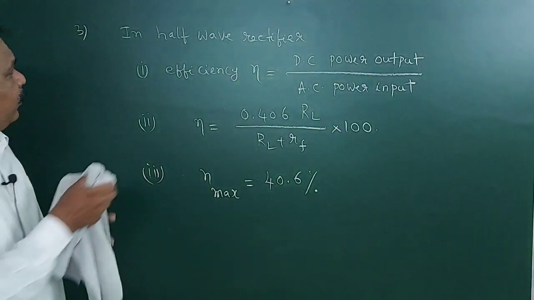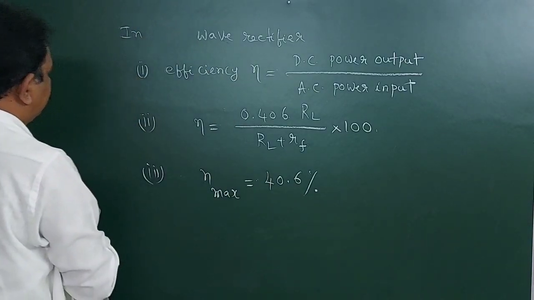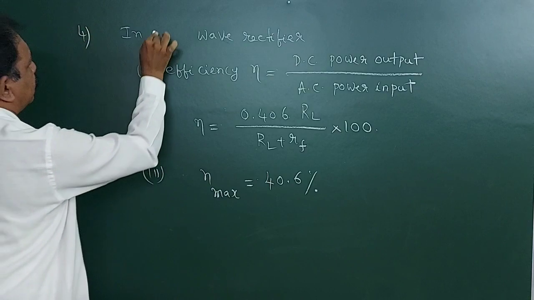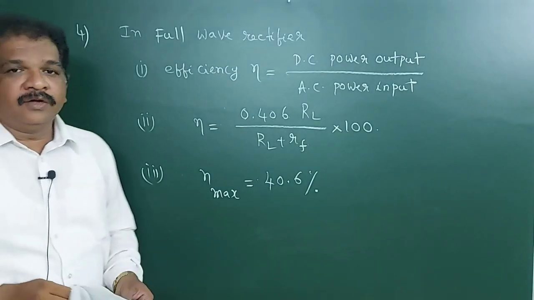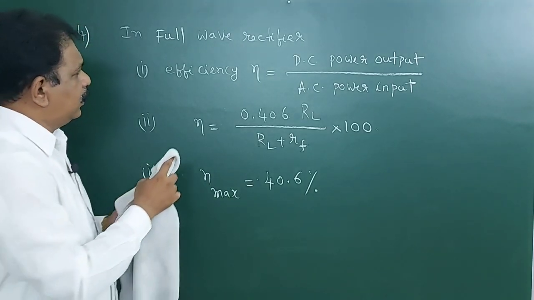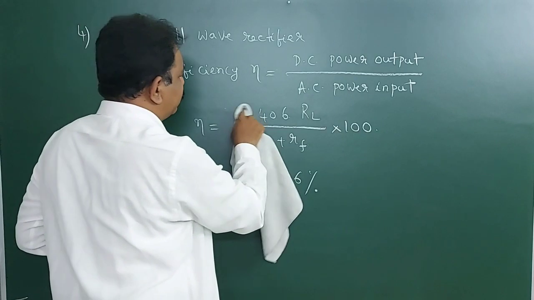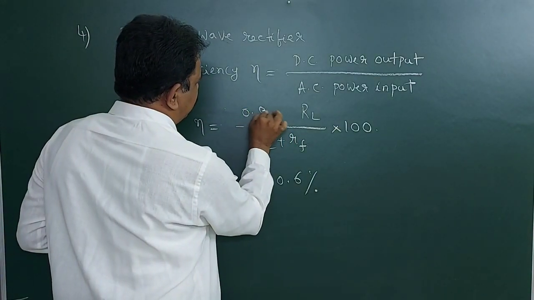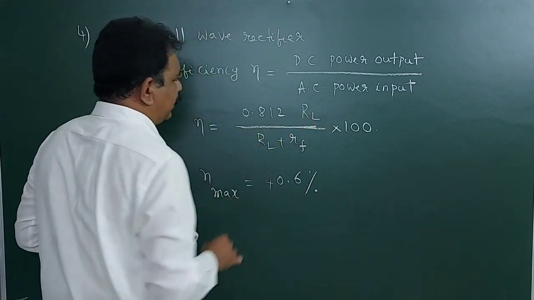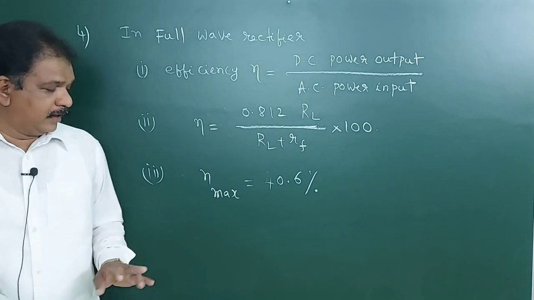Now for full wave rectifier. In a full wave rectifier we will use two diodes there. So here efficiency, same basic formula. Here it becomes 0.812 RL by RL plus RF, into 100.